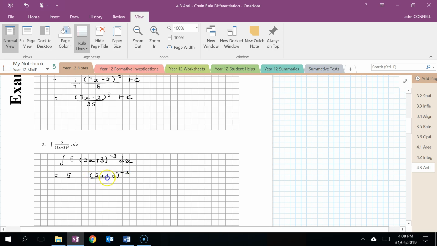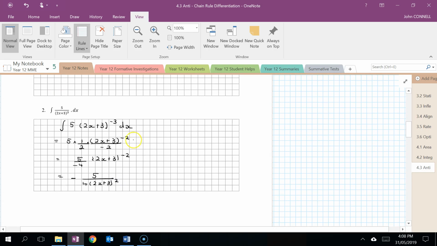So it'll give me minus 2, divide by the new power, so divide by minus 2. And also we need this factor of 1 on 2 out the front as well. So then if I go through and simplify that, those give me minus 4, so it'll be 5 on minus 4, (2x plus 3) to the power of minus 2, and then all out the front of a minus over 4, (2x plus 3) squared.